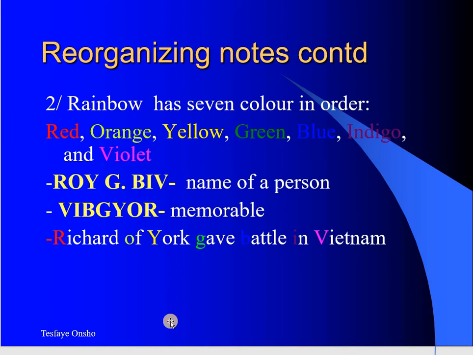So we take the first letters of every color to make a kind of memorable stuff, so that we can remember it and write it. This is one way we can organize our notes.